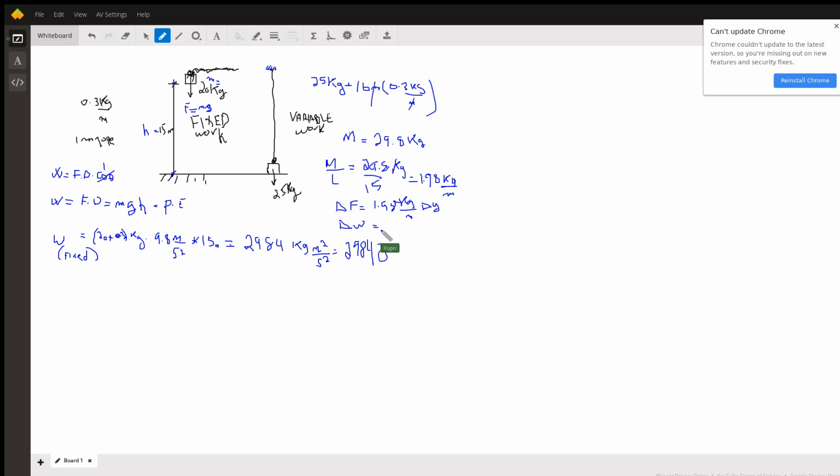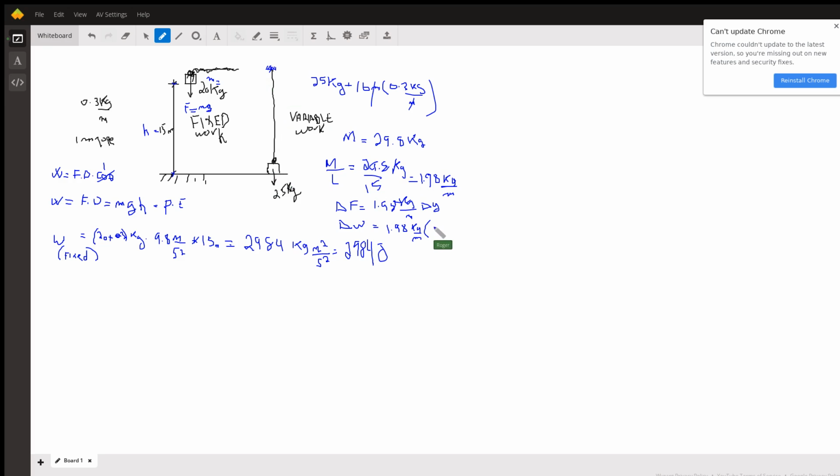Well, the change in the work is going to be 1.98 kilogram per meter times, we go from 15 meter to nothing here.